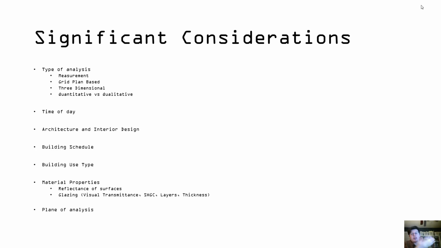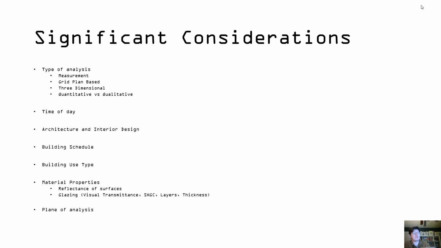There's the building use type. The building use type, extremely important too, also known as the activity type, because this informs what illuminance values we are pursuing in our decision-making process, as we're not only conducting an analysis to verify that these values are being met, but also as we may look at design changes and modifications.